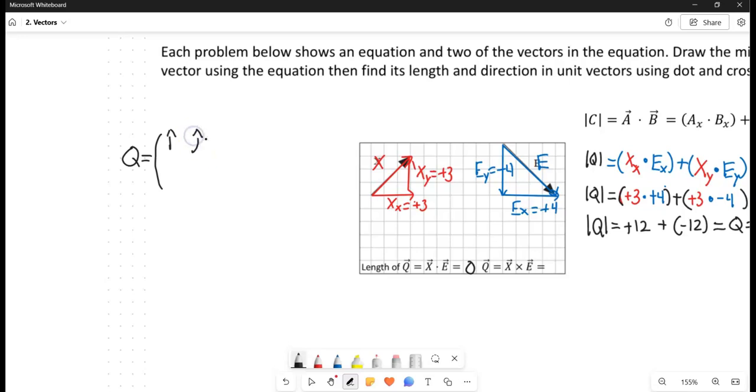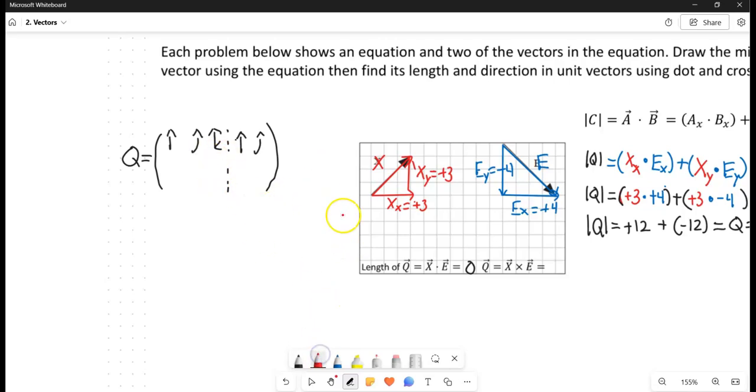We're going to create our little i, j, k, and then we're going to have this other component, which is going to be the i and j. Okay, and then we're going to create our formulas from there.